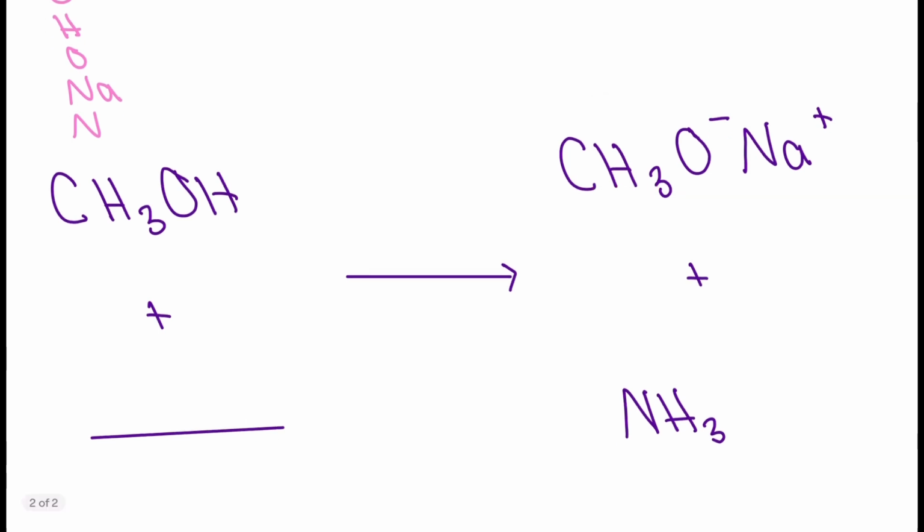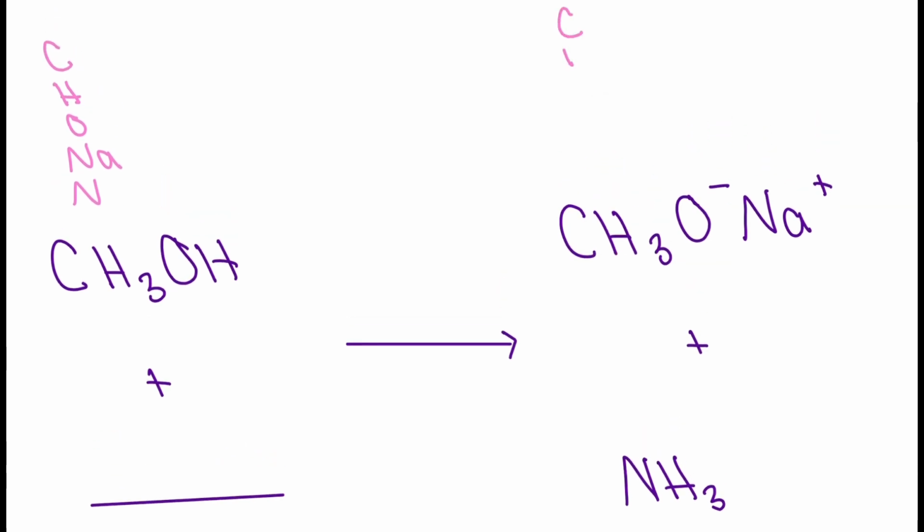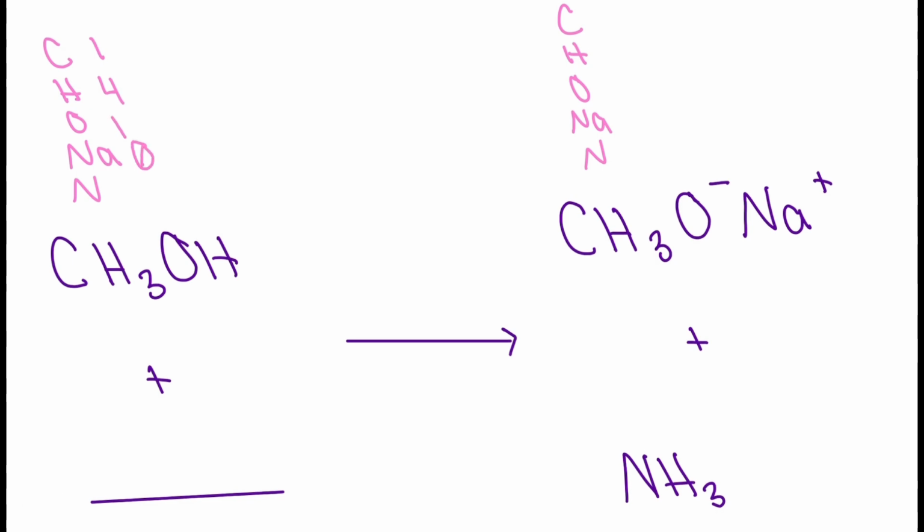So just draw these on the other side: C, H, O, Na, and nitrogen. Then we just count how many we have. That's just 1 carbon. We have 4 hydrogens, 3 here, 1 oxygen, and we don't have any sodium or any nitrogens.